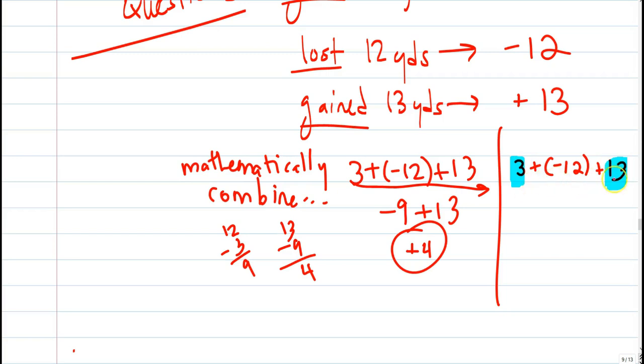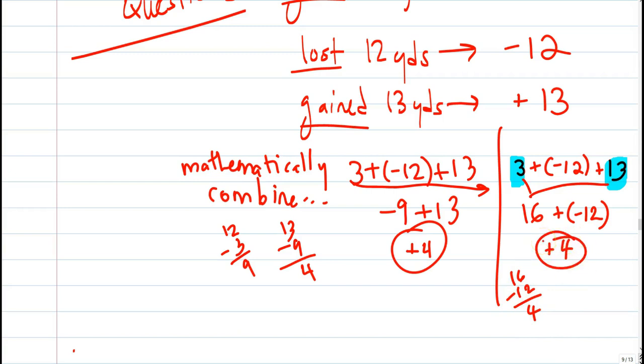The only thing happening in this math problem is adding. So I can add the 3 and the 13. Same sign combines to give me 16. Then bring down the plus negative 12. Opposite signs cancel. 16 minus 12 would be still positive 4. So if that bothers you, don't do it that way.